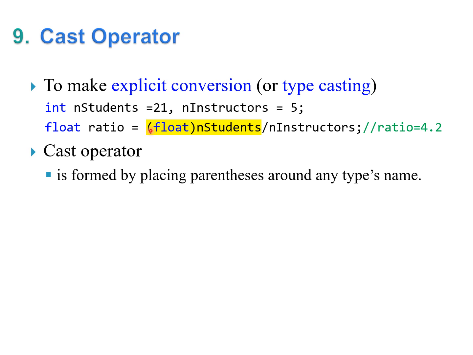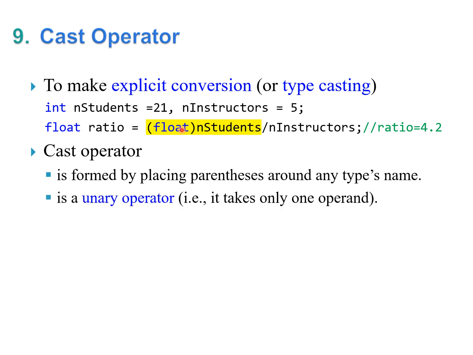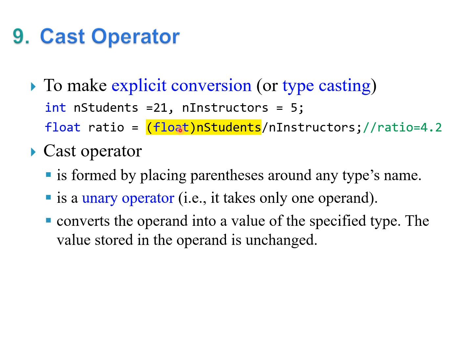The portion open parenthesis float close parenthesis is a cast operator. The cast operator is a unary operator, meaning it takes only one operand. The cast operator performs explicit conversion by converting the value of its operand into a value of the type specified inside the parentheses.